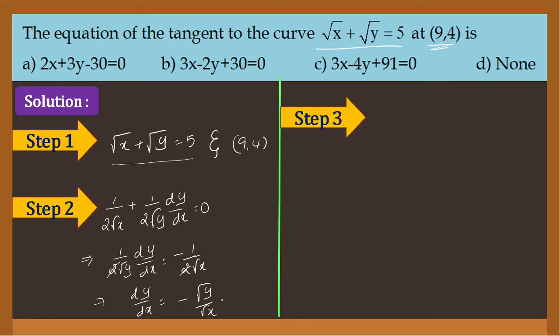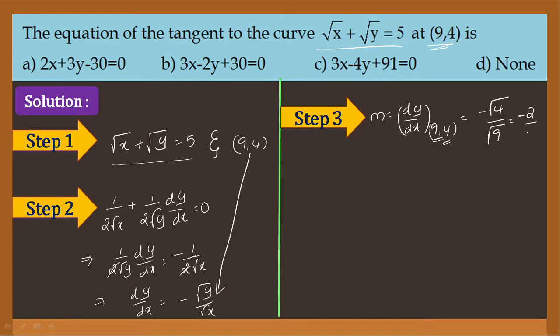Now, substituting the given point, we get the slope of the tangent m equals dy by dx at (9, 4), equals minus root of y, which is 4, divided by root x, which is 9. This equals minus root 4, which is 2, divided by root 9, which is 3.